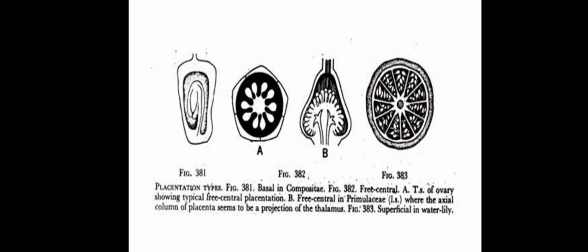At the same time, when we look at the LS of the primrose, we can also see that the axis is not connected with the wall of the ovary, where the column of placenta seems to be a projection of the thalamus. And last is figure number 383. It's superficial. It is the TS of the ovary of a water lily. So these are the different types of placentation we can see.